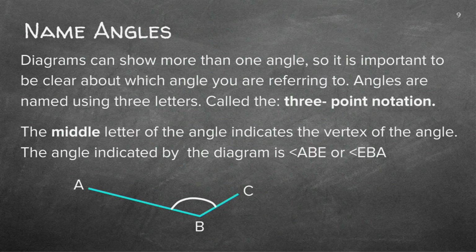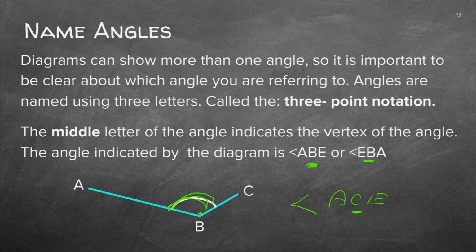The angle indicated by the diagram, for example, look at that diagram there. We've got ABC, and can you see that that section there is our angle? So they're telling us that the vertex is the one in the middle. Okay, so we always write it like this: 3 letters of the alphabet, and the one in the middle is where the vertex of the angle will be.